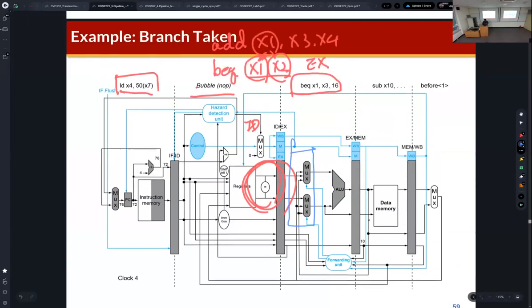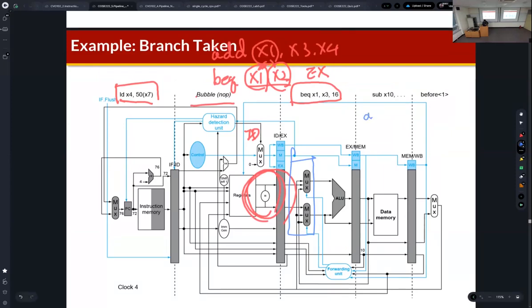I explained that if the former instruction is an add instruction, like add X1, X2, and X3, then we can avoid data hazard using data forwarding. If the next instruction is another arithmetic instruction, like add X4, X1, and so on, then it's okay. But the problem is if the next instruction is the BEQ branch instruction, like BEQ X1, X4, and an immediate.